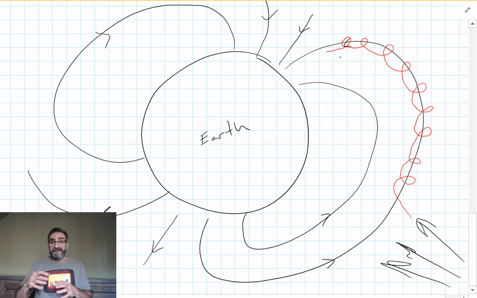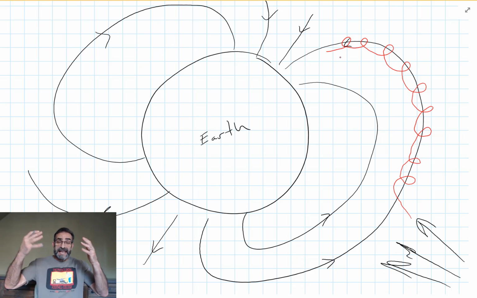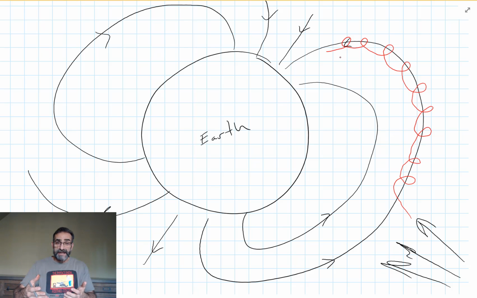And when they hit the Earth's atmosphere, they cause the molecules in the atmosphere to be excited. And when they drop back down to their lower energy state, they give off light. And that's what the aurora is. The northern lights, the aurora borealis, and the southern lights, the same thing happens, the aurora australis.